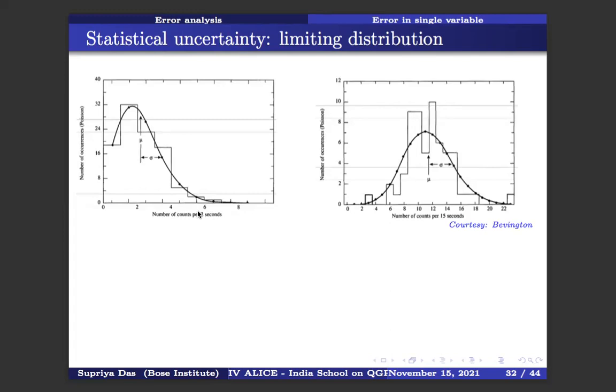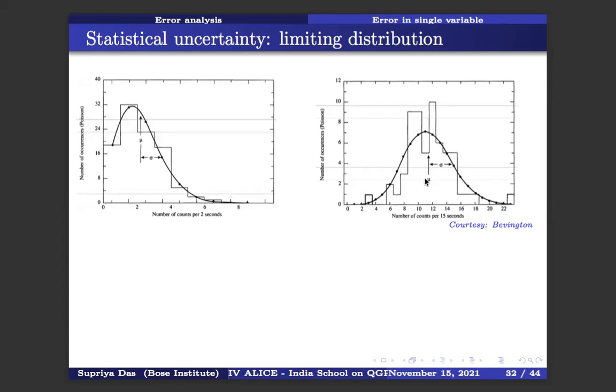As soon as you increase the interval to 15 seconds, you get a large number of counts. In 2 seconds you get 2, 4, 3 counts, and here you get something like 10 counts on average. You already see the change in the distribution.